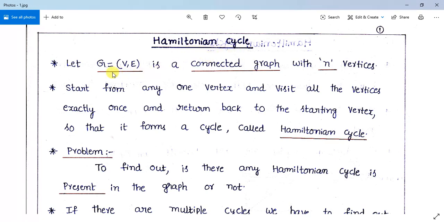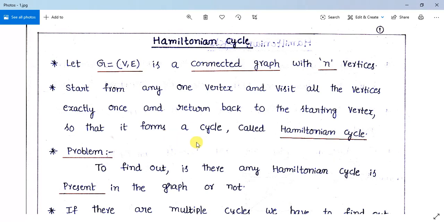Here a graph is given. G is equal to (V, E). It is a connected graph with n vertices. We must start from any vertex, visit all the vertices exactly once, and return back to the starting vertex so that it forms a cycle.